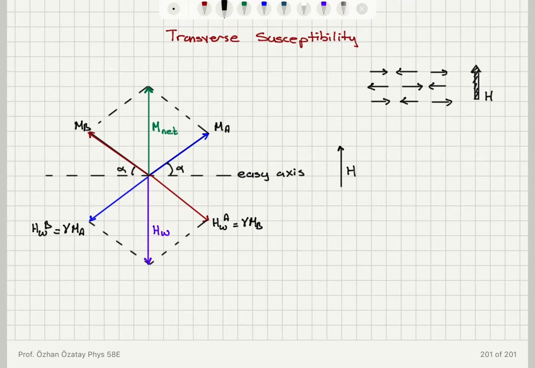And if the magnetic field is applied in the positive z direction, when the magnetizations tilt by an angle alpha, the molecular fields they feel will also be tilted by an angle alpha. So this angle alpha will be the same for the molecular fields.